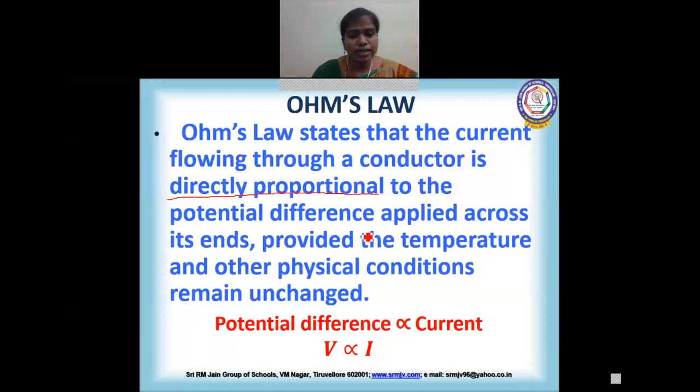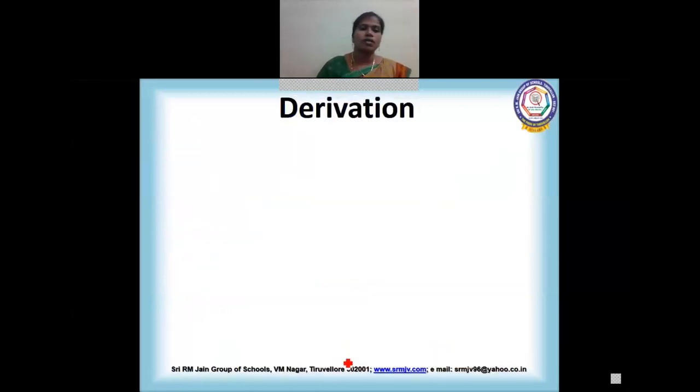So Ohm's law states that potential difference is directly proportional to the current, that is V is directly proportional to I. Let us derive a formula. As Ohm's law states that V is directly proportional to I, we know very well that whenever there is a proportionality, in order to remove that, we bring a constant.